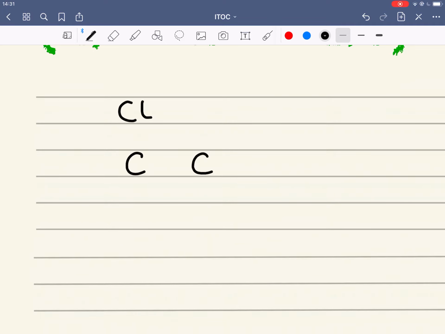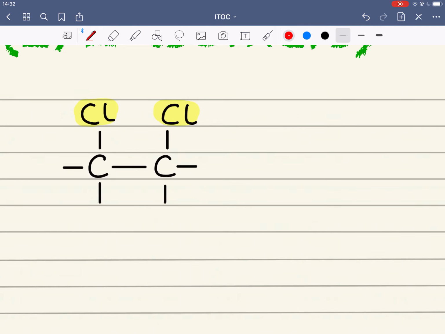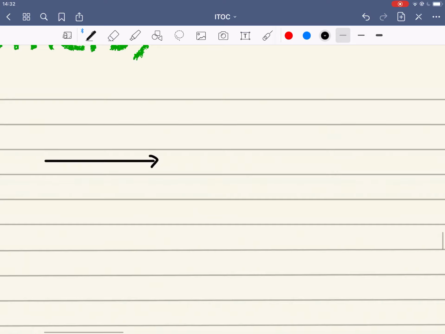Consider I've got the following molecule. And we've got here 1,2-dichloroethane. And here I've written the two chlorines above the carbon chain. Because there's a rotation around this single bond, this molecule could easily be written as the following.